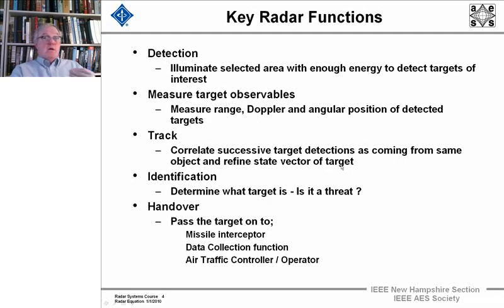That is, its position and velocity at a given time. And then identify, if we can, is it a threat to us, or is it in danger of colliding with another aircraft? And then hand over to another sensor. It could, if it's an air traffic controller, if need be, the data collection function, but also to a missile interceptor if it's a threat, a military threat, so that the missile can knock down the target.